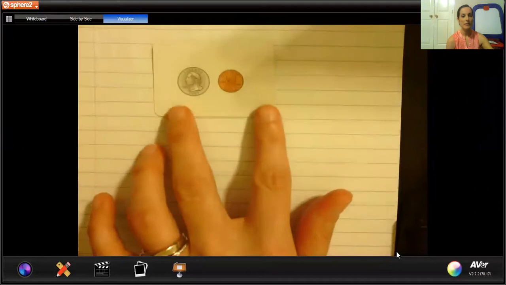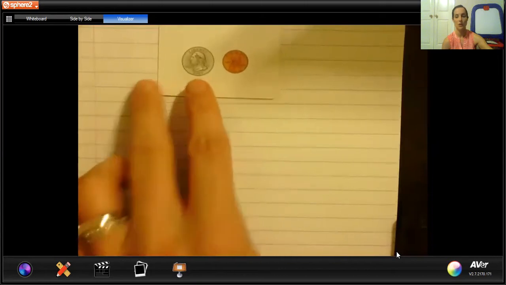And so if you can see, I have, oops, share my screen. As you can see, I have a collection of coins here, and we have 25 cents, which is our quarter, and we have our penny, which represents 1 cent.